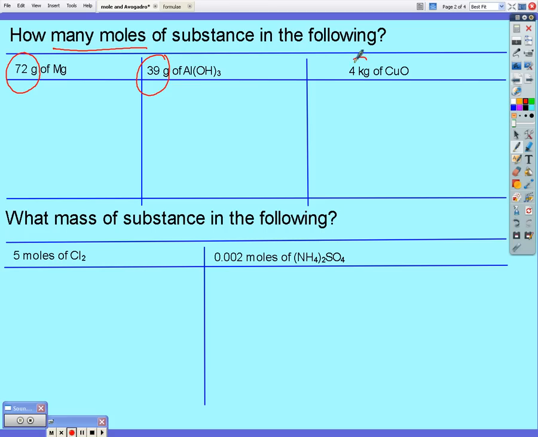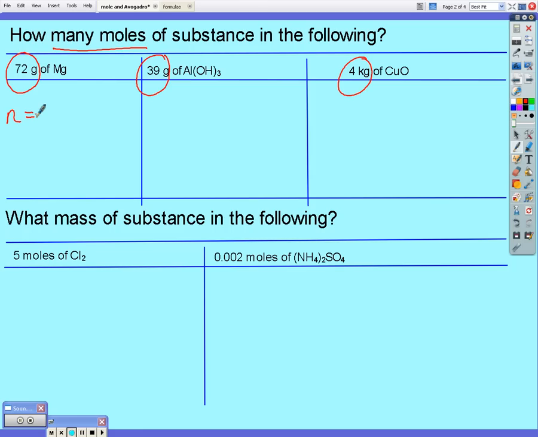We're not given volumes of solutions, we're not given volumes of gases, we're given masses of substances in grams or kilograms. Well, if we want to find out how many moles there are in 72 grams of magnesium, if you look at your periodic table, I hope you've got one out in front of you. Pause now and go and get one.